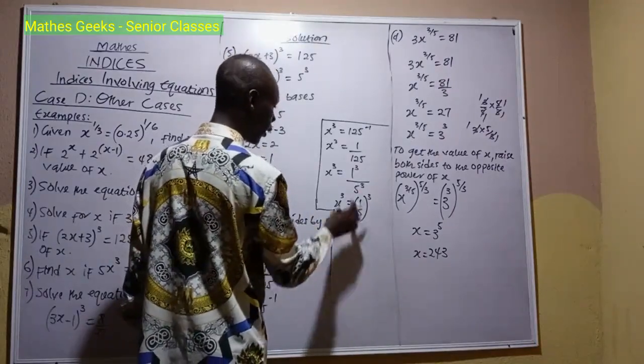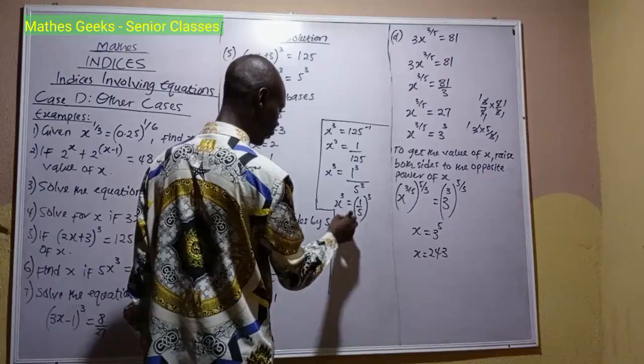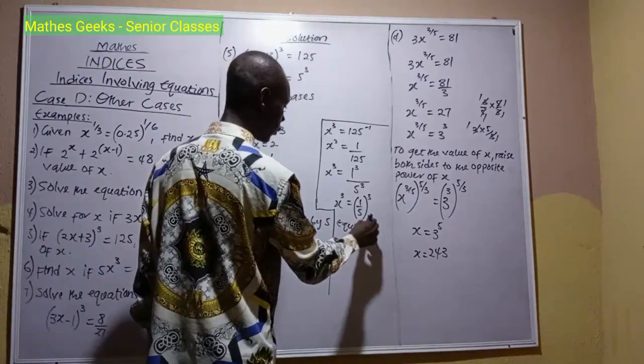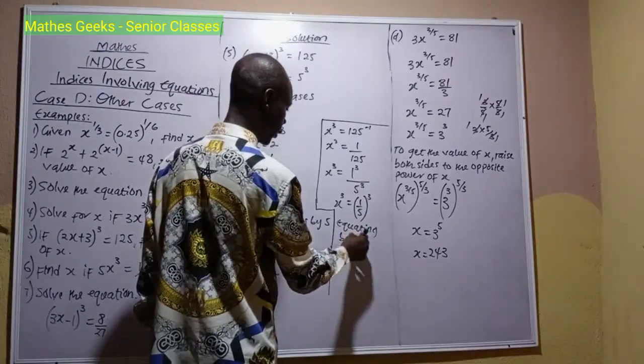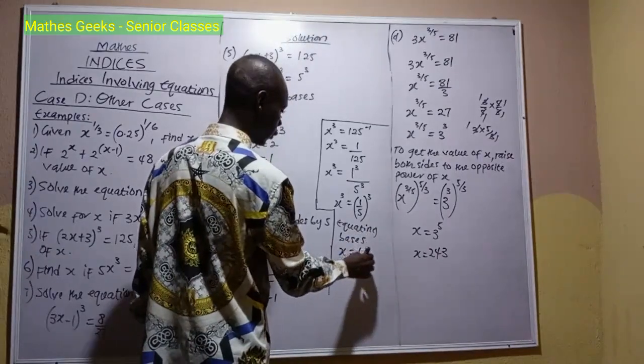So since the powers are the same, equating bases, x equal to 1 over 5.